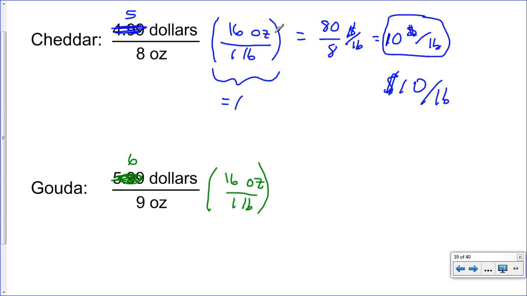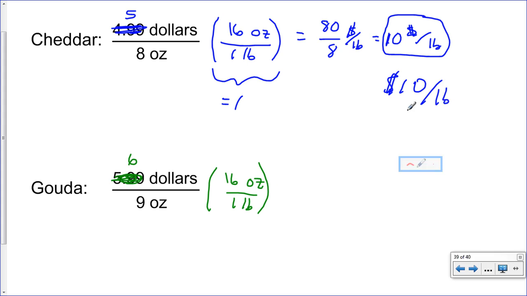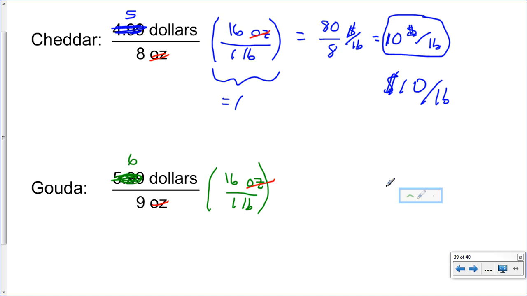Since I have ounces in the numerator and ounces in the denominator, they cancel each other out, just like those ounces and those ounces cancel each other out. And that was the strategy for writing the ratio that way. And again, this equals 1. We're multiplying by 1, so we're not changing the value.